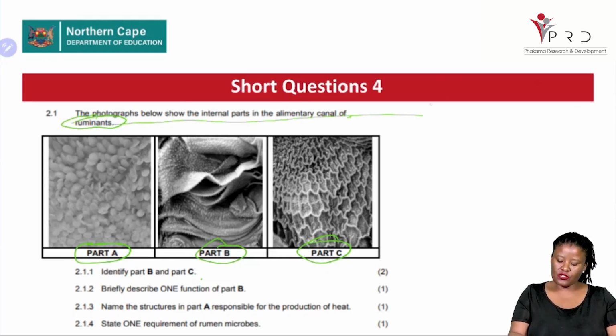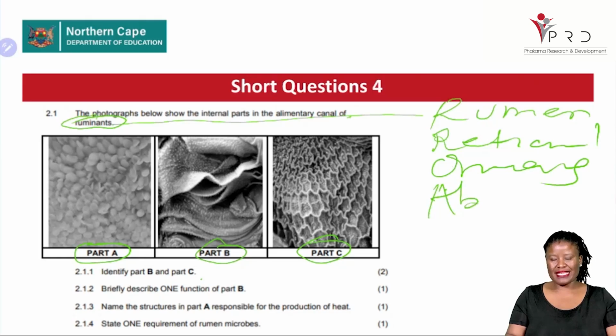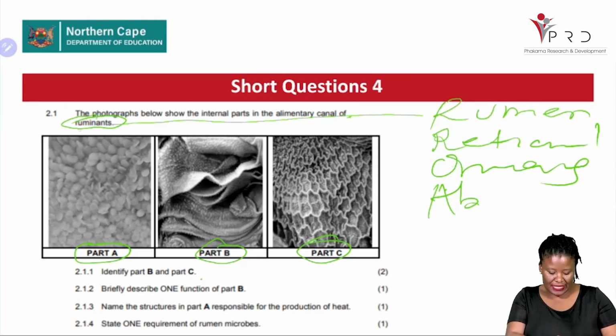And the ruminants, you know that it has the rumen, the reticulum, the omasum, and the abomasum. And the exam guidelines have indicated that you must know the function and the adaptability of each structure. So if you know that this is a ruminant, you must be able to tell how it is structurally suited to do its function. The reticulum and the omasum, how are they structured?